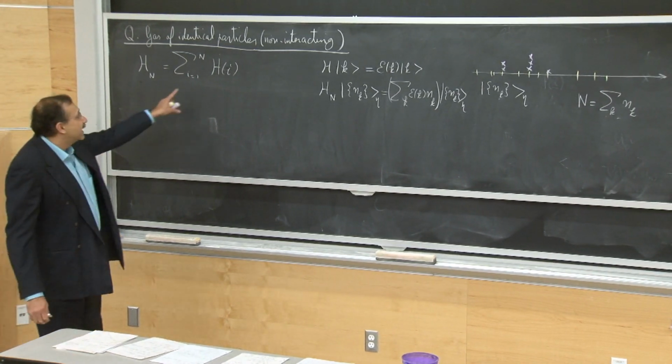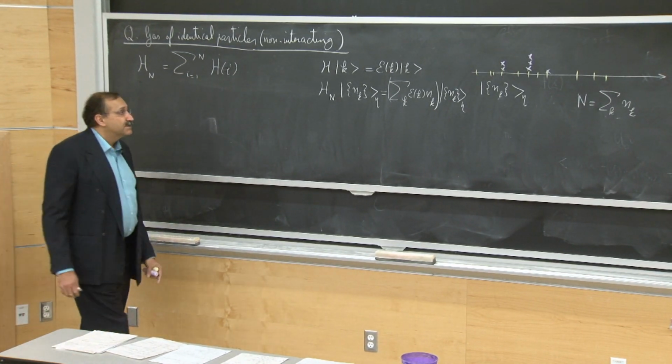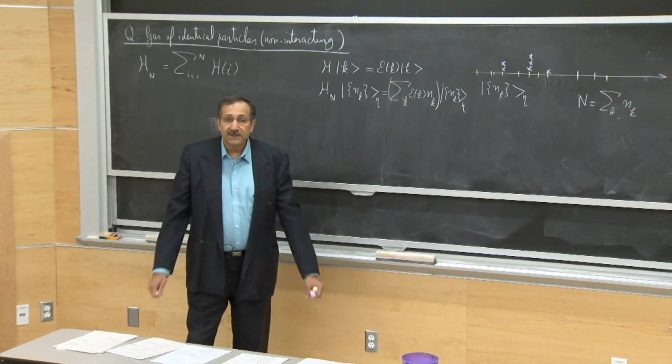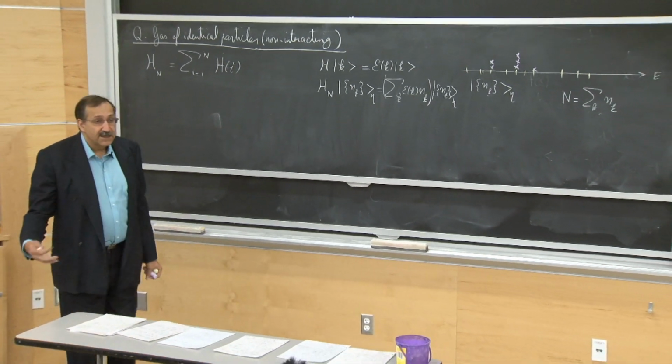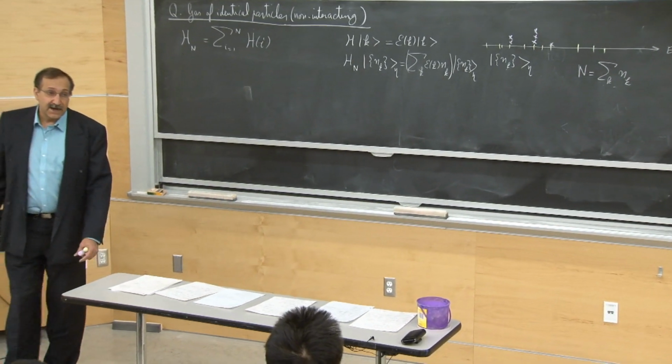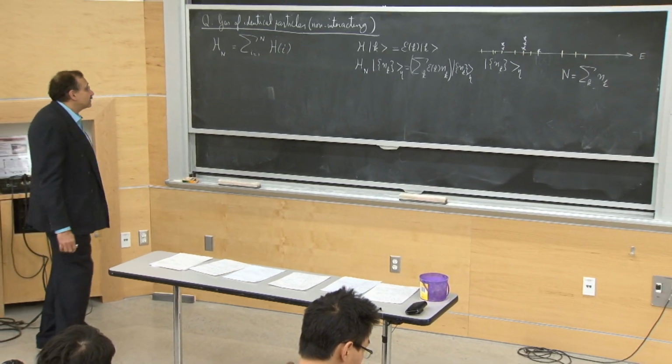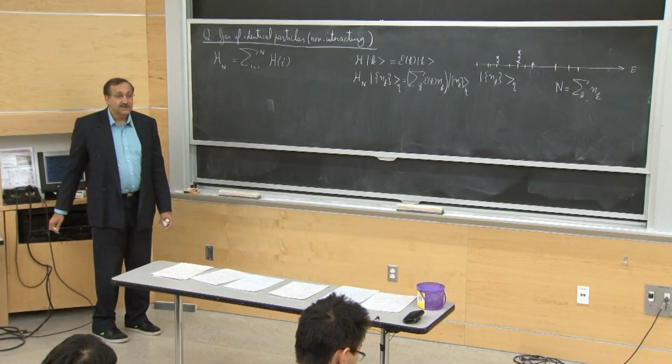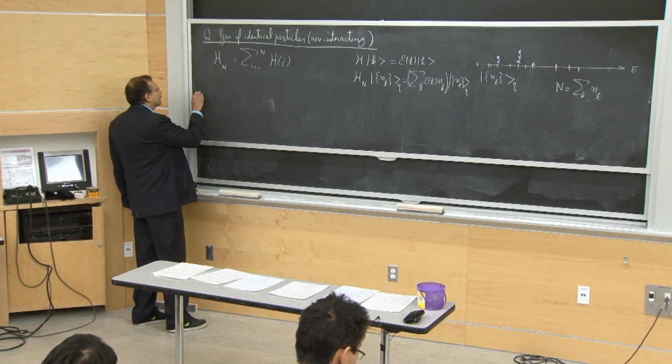Although there is no interaction at this level, the symmetrization or anti-symmetrization creates states that are intermixed in a manner that appears as if you have an interaction. We found that, however, we could get rid of that by going to the grand canonical ensemble.